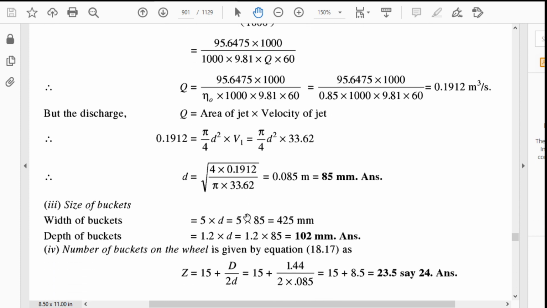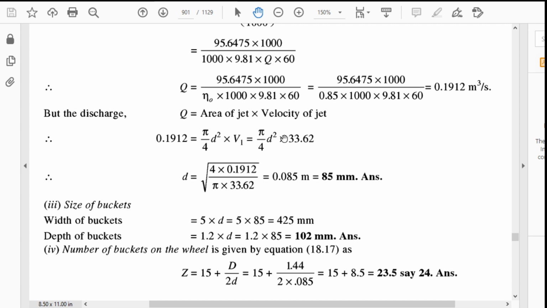Now by using the continuity equation, discharge will be area of jet into velocity of jet. For the area of jet we have to find the diameter of jet, and the velocity of jet we have already found.